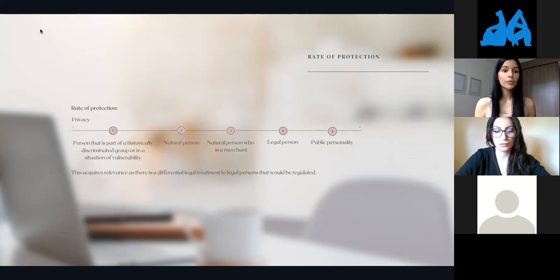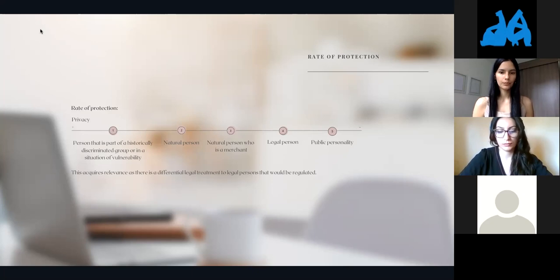Hay un rango de protección donde las personas que son personajes públicos, servidores públicos o personas públicas, tienen menos rango de protección. The rate of protection of public servants or public personalities, particularly of higher offices in government, is lower than that of everyone else.